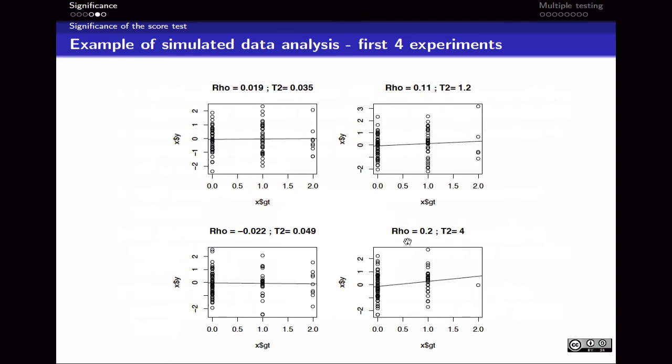So the coefficient of correlation in this data is 0.2, and if I square it and multiply it by 100, I get the score test value of 4, and here I reject the null hypothesis, so in this data set I have an occurrence of type 1 error.